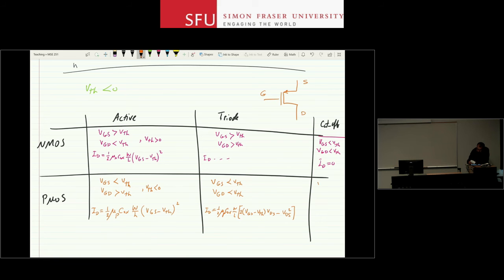You get VGS that is larger than VTH, again with a negative VTH, and therefore ID is 0. For a PMOSFET, source current goes in, drain current comes out, and gate current, you guess it. Okay, so that's the convention for a PMOS.